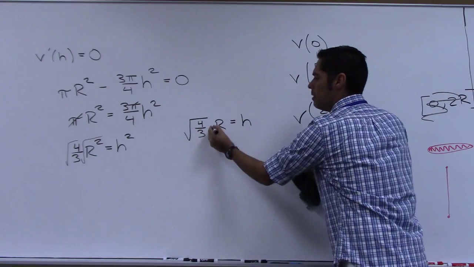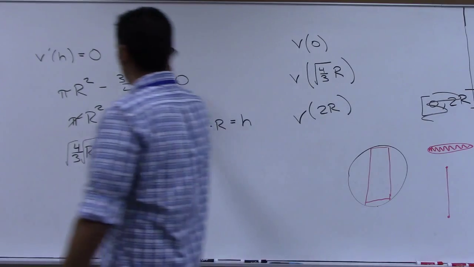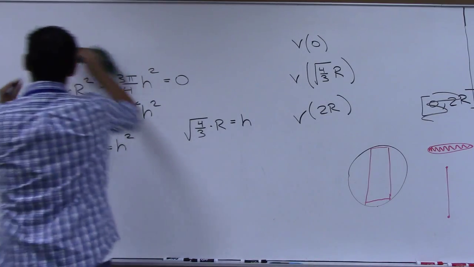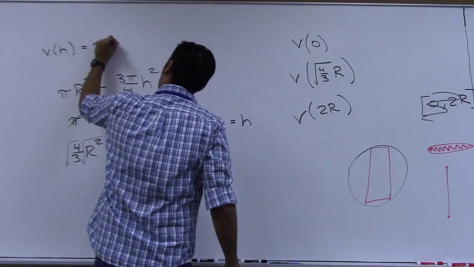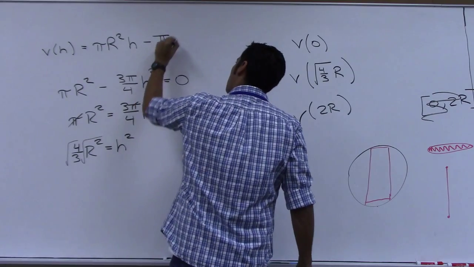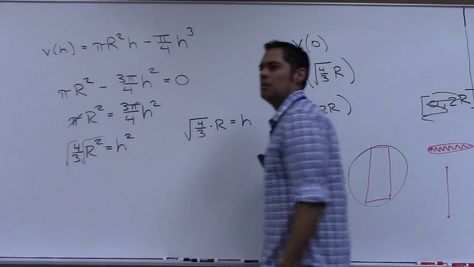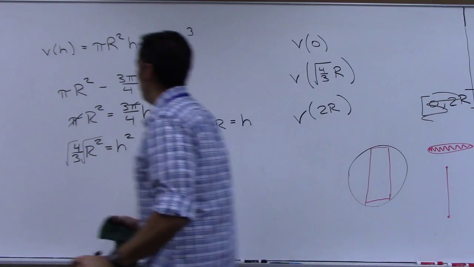All right, now the volume function I erased, but it was v of h equals pi r squared h minus pi over 4 h cubed. Are y'all impressed that I remembered that? No? You're not?